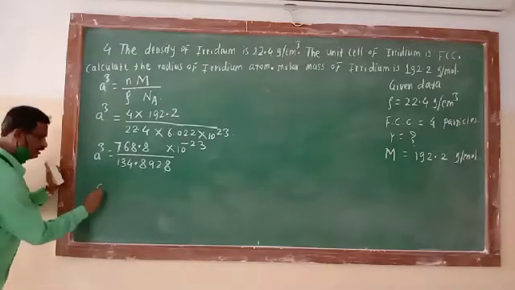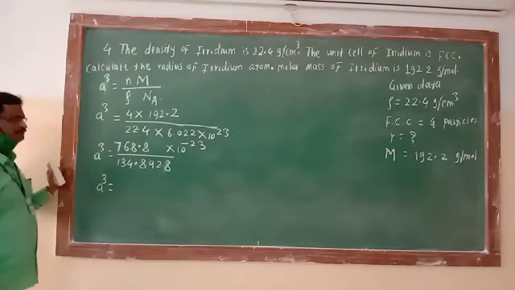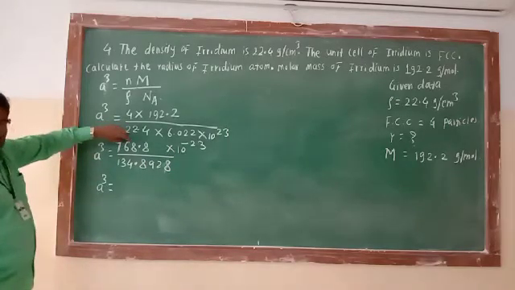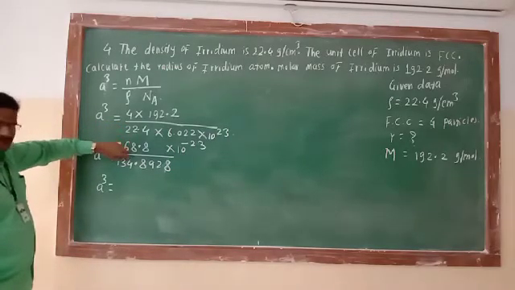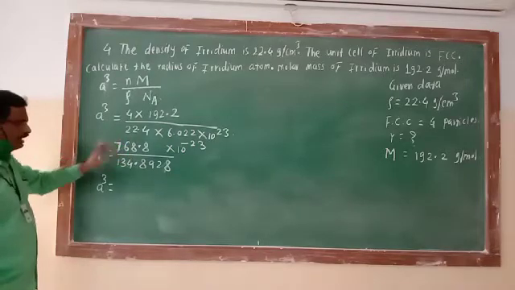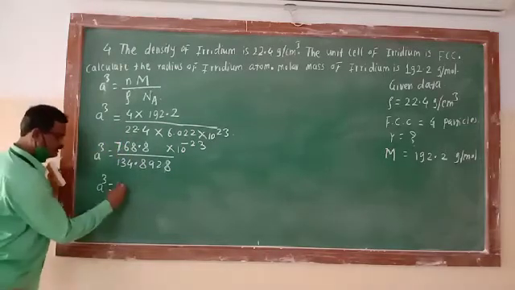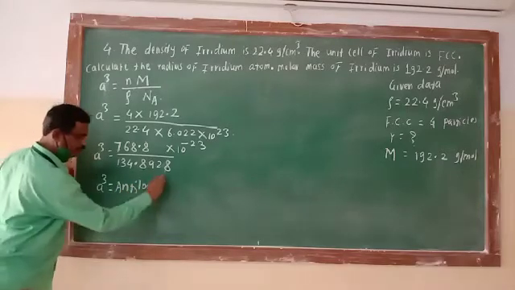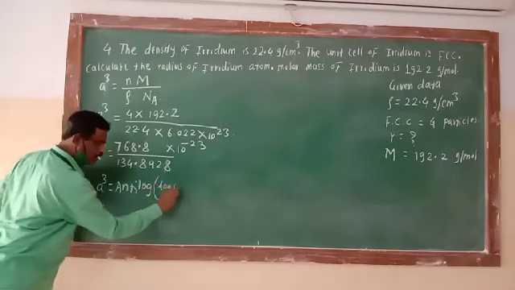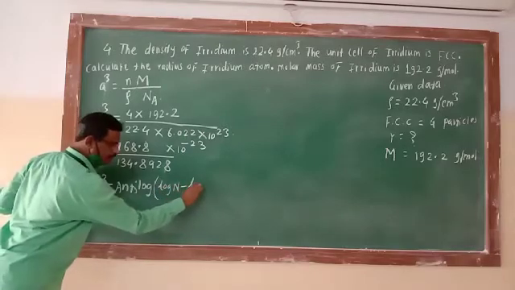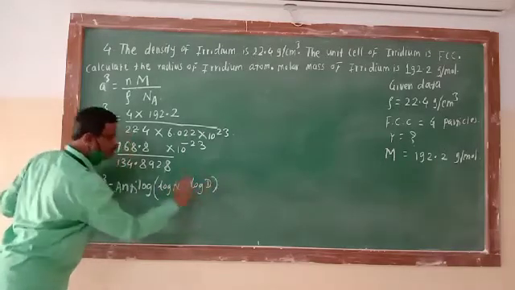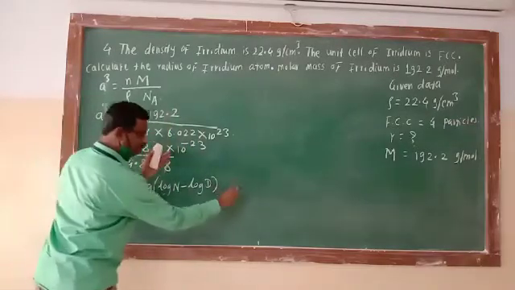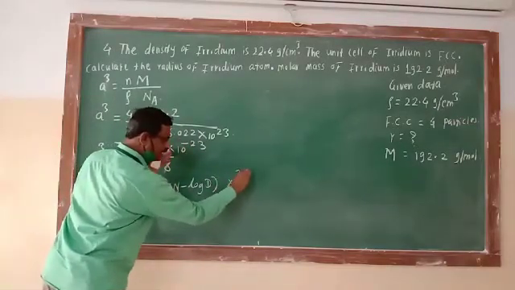And how to solve this? Log of numerator minus log of denominator and then antilog. The 10 raised to minus 23 factor stays as it is.